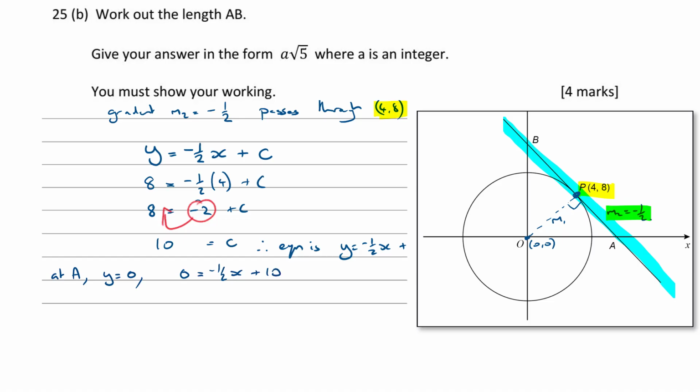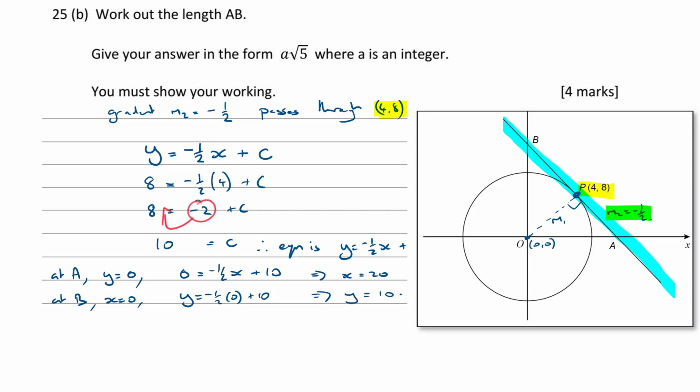That means half x equals 10, so x is equal to 20 then, doesn't it? X is 20. Okay, and then at B, x is 0 because it's the y-intercept. So then y is going to be minus a half lots of 0 plus 10, which means y is going to be equal to 10.